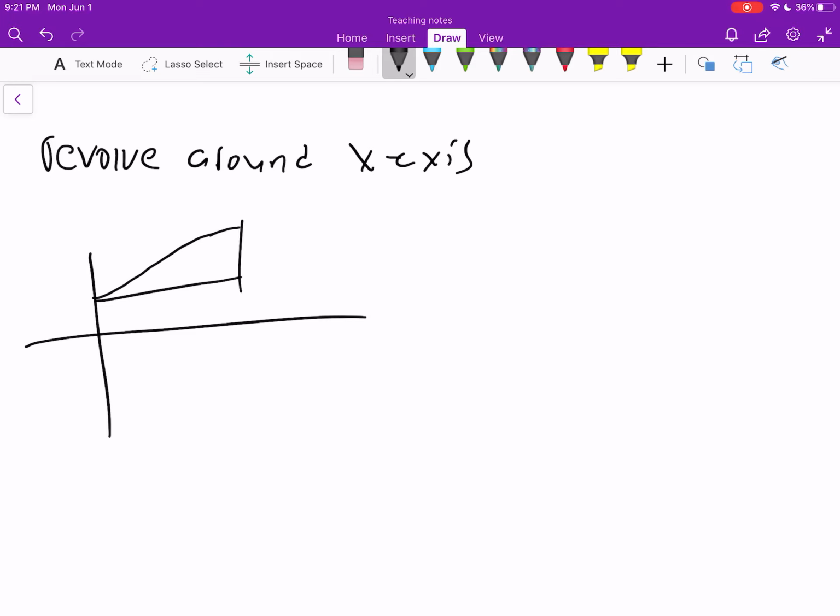So if I revolve that around the x-axis, what I'm going to do is my cylindrical shells are now going to have their thickness in the y direction.